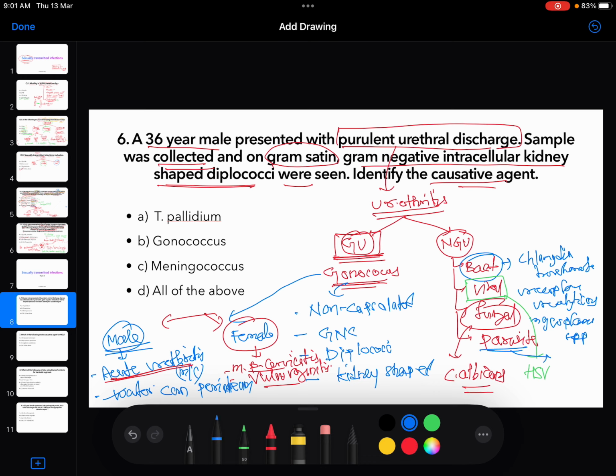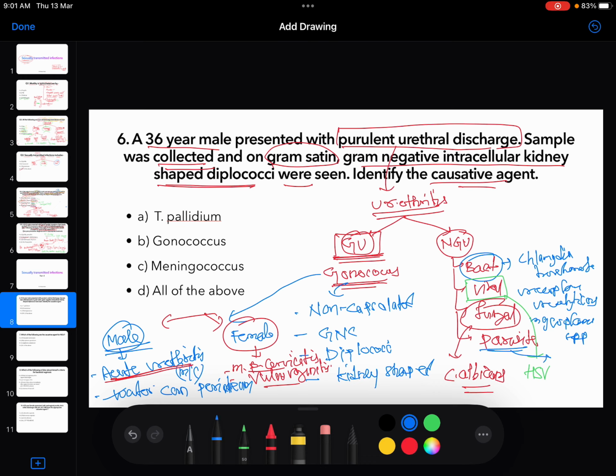mucopurulent discharge. Okay, coming to the question, a 36-year-old male patient presents with purulent urethral discharge. Purulent discharge comes under gonococcal urethritis. We conclude that the diagnosis is gonococcal urethritis.